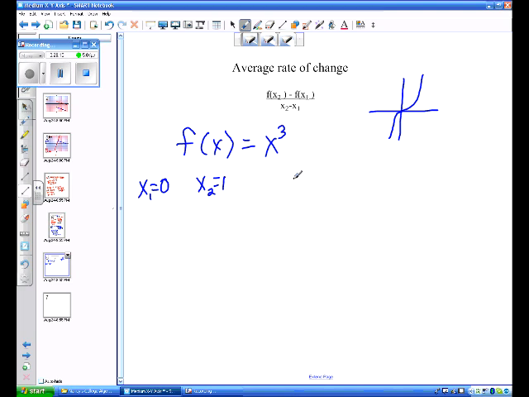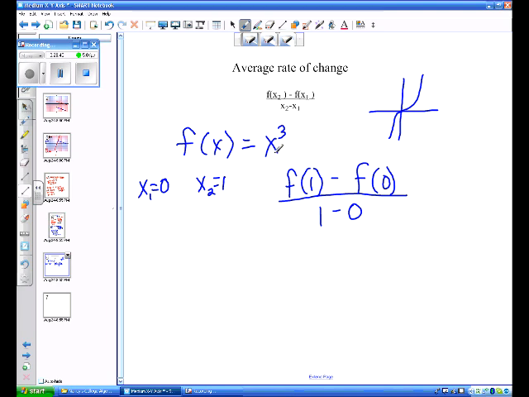So what we're going to do is we're going to take our function, f of x, and we're going to start by substituting in x sub 2, which was 1. So we'll find, let's just write it that way, f of 1 minus f of 0 divided by, okay, that x value was 1 minus 0.